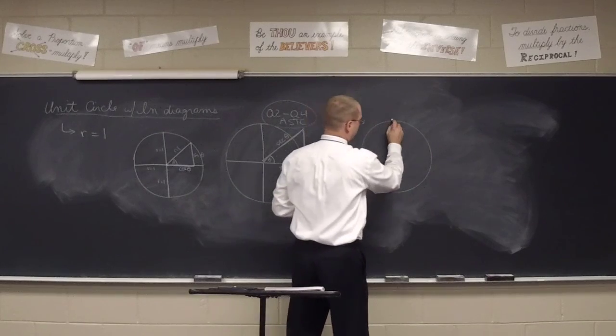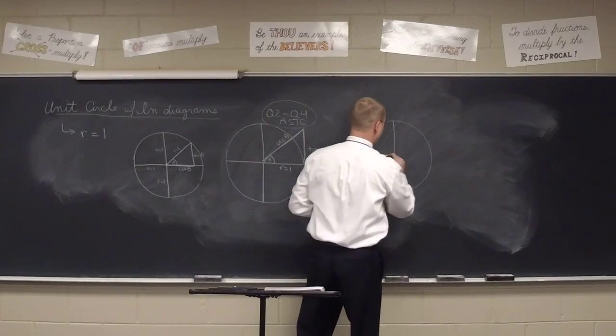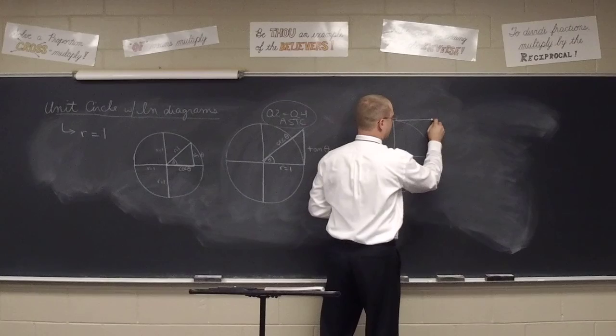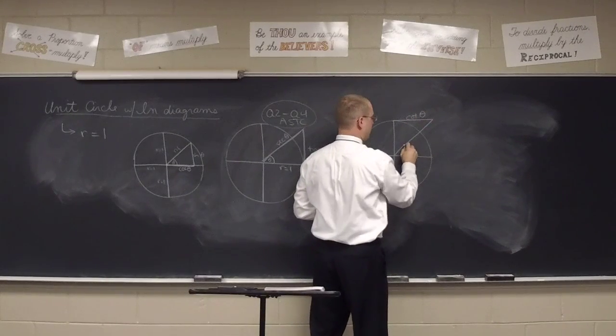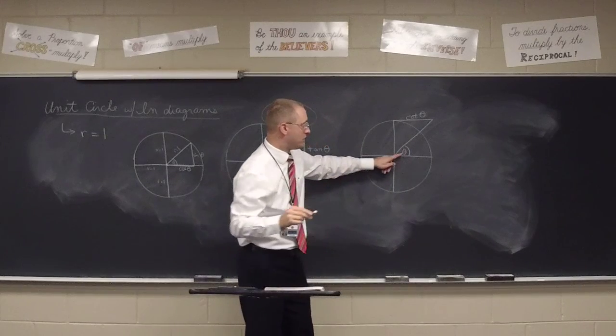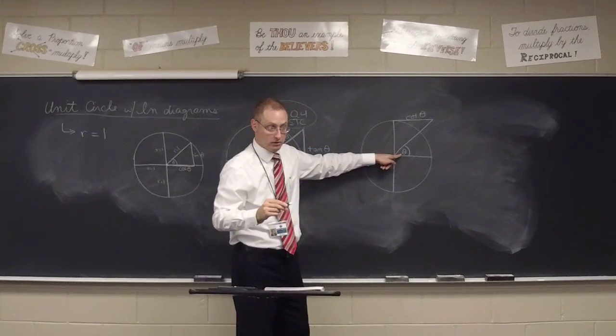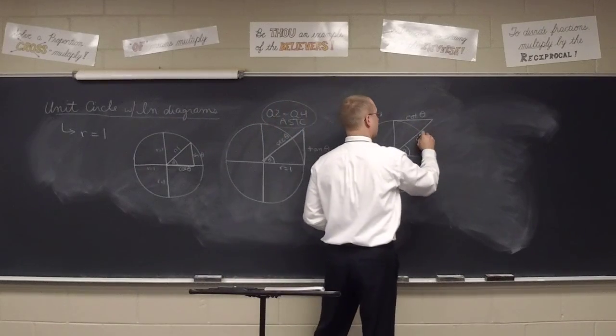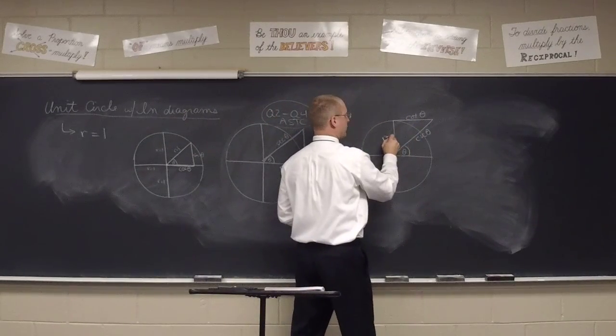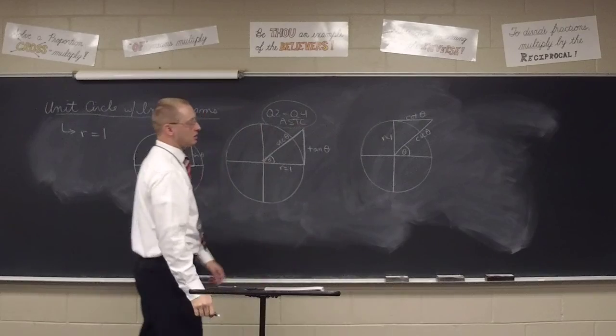So draw another circle, draw another Cartesian plane inside, draw some line going out, draw some line coming back down. There's the cotangent of theta. Now notice where theta is though. This is theta still. Not in here. This is theta. Here's the cotangent, here's the cosecant, and of course the radius is always 1.